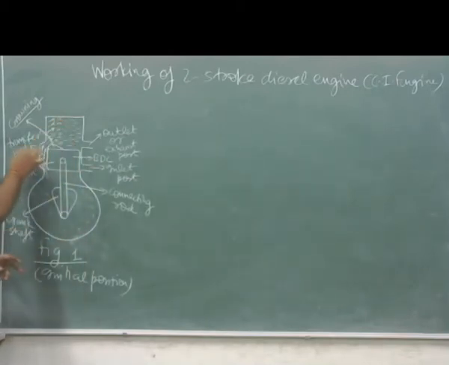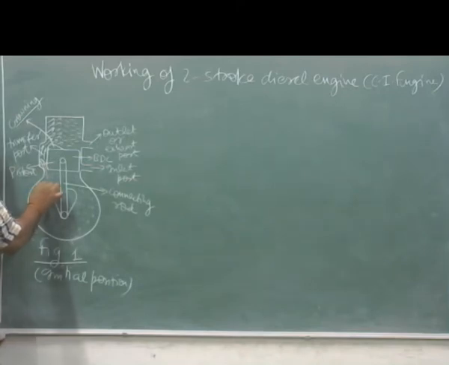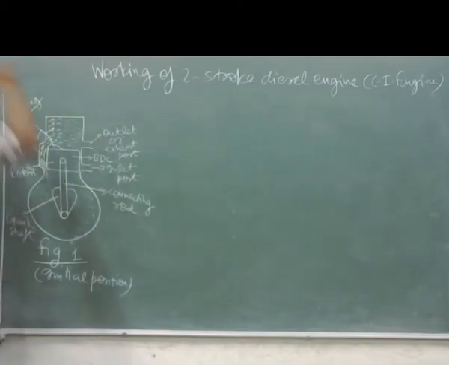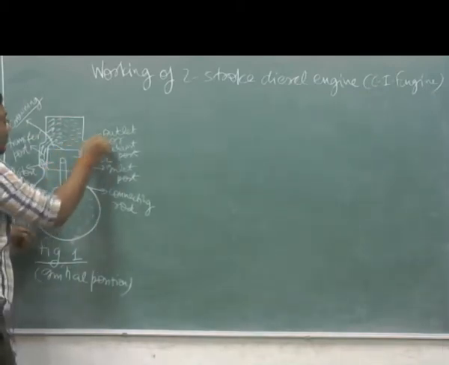And when this air flows through the transfer port, with the help of this crowning, the fresh air pushes all the exhaust gases from the previous cycle to go outside through the outlet port.